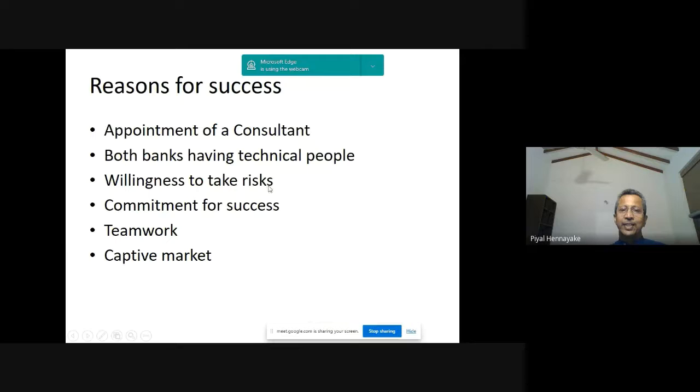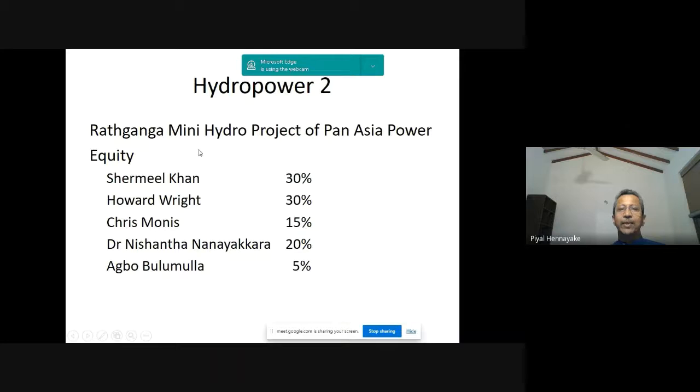I always say, if the risk departments had been there at that time in the bank, we couldn't have done these hydropower projects, because the risks were so high. Then commitment for success, teamwork, and the captive market, because after completion they did another project, and I don't think HNB was financing that, because of the success of this project.